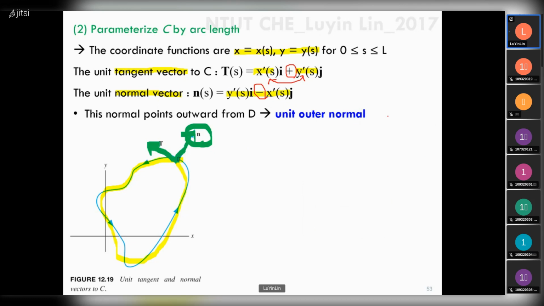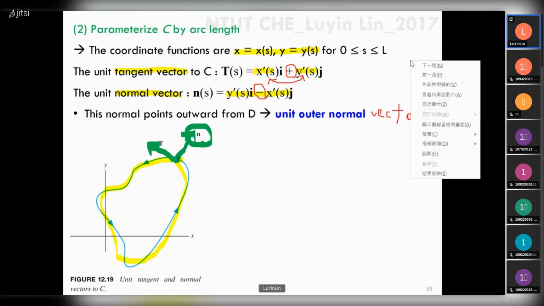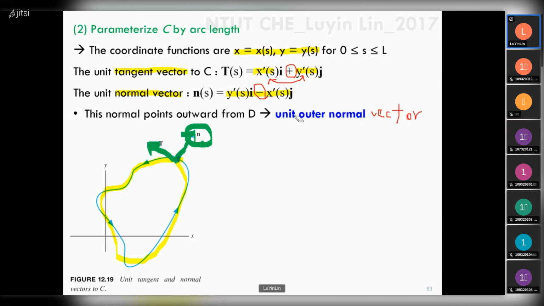Then this normal points outward from D, it is the unit outer normal vector. Maybe you can put a vector symbol here. We want to find a unit outer normal vector. Okay.